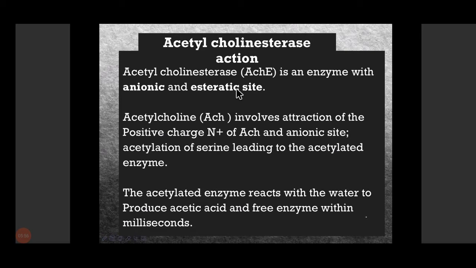How will it get inactivated? Once it gets acetylated, it reacts with water to produce acetic acid and free enzyme within milliseconds. Water will attach to the acetylated enzyme and produce acetic acid and choline, and the enzyme, that is cholinesterase, will be freed.